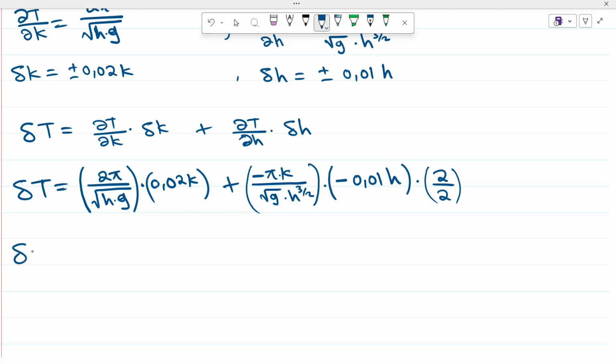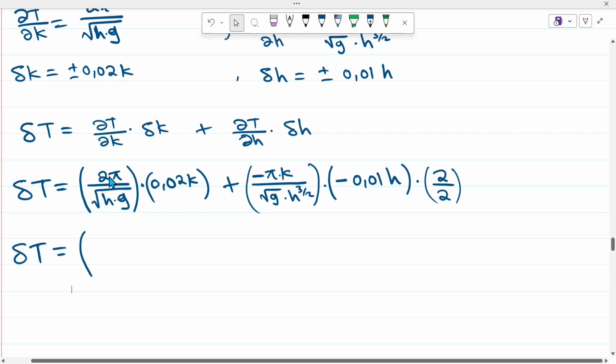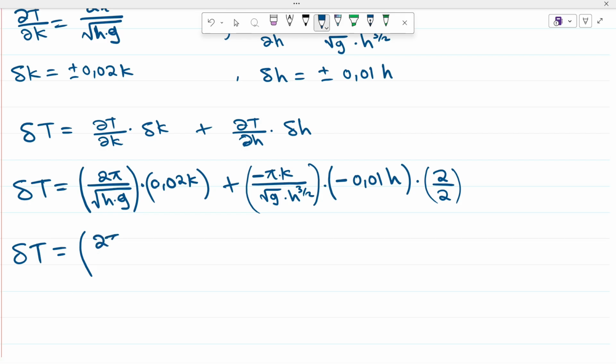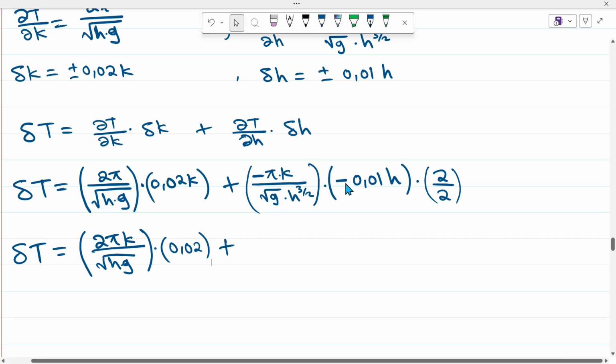So the partial derivative of t, the maximum percentage change, is going to be equivalent to what? When I have multiplied k and that, I will get 2 pi k divided by root of hg, and then I close. I will be left with 0,02, and then plus, so let's again multiply negative and negative, we'll get positive, right? And then we take 1, 2 here.